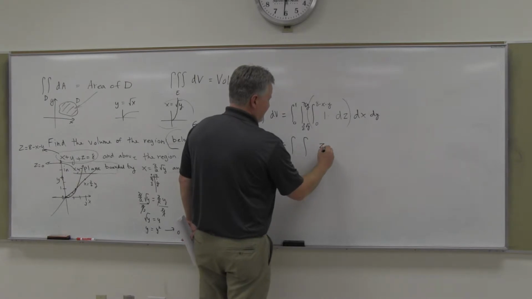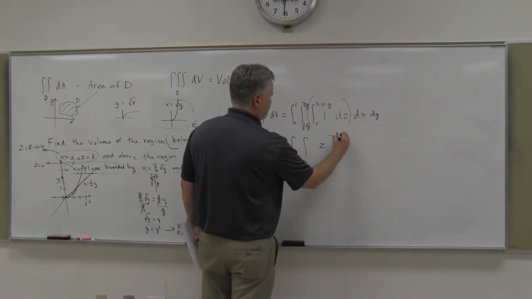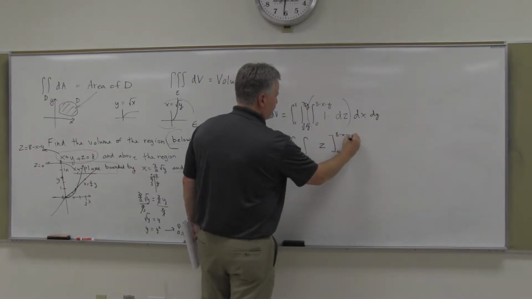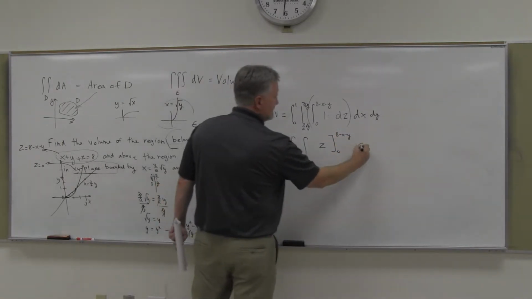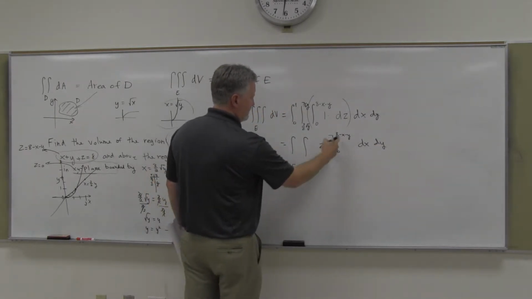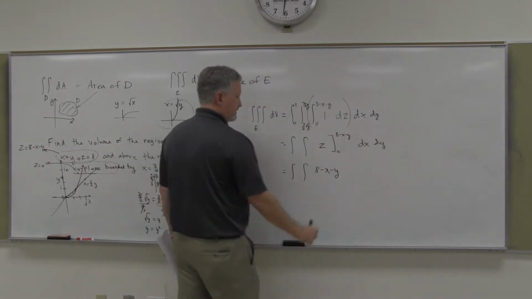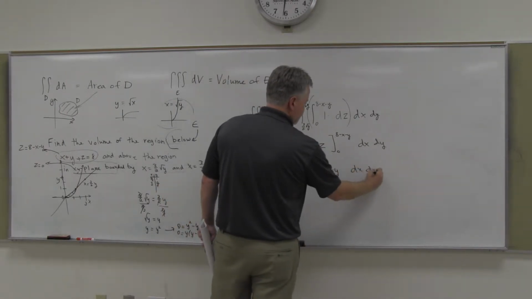So that part's nice anyway. It'll just be z, and then we're throwing in those limits. So now we have just 8 minus x minus y. Z is 0, so that part's not that bad.